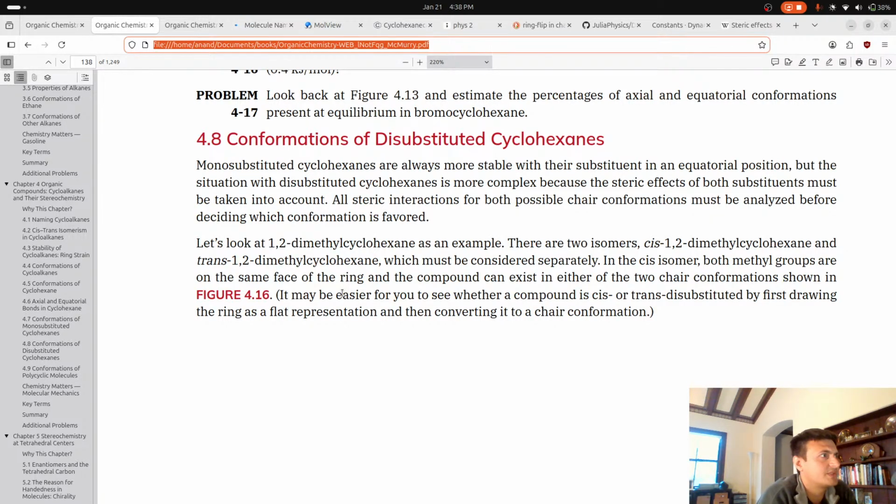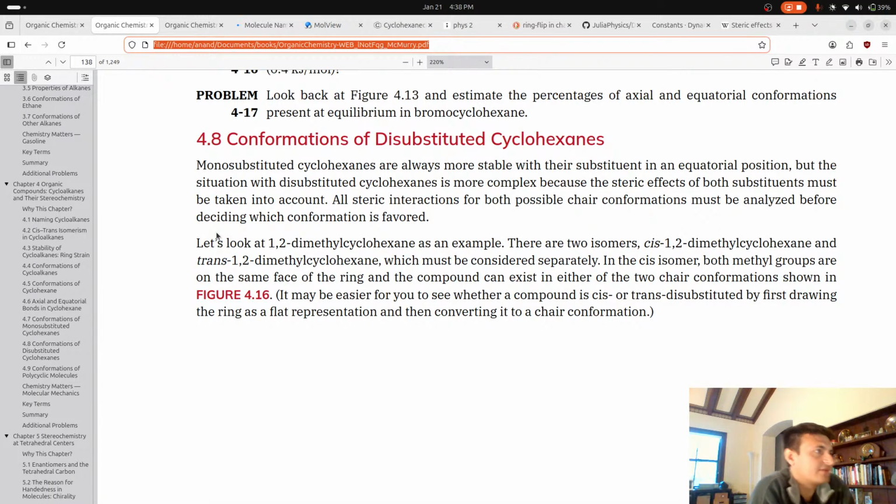But the situation with disubstituted cyclohexanes is more complex because the steric effects of both substituents must be taken into account. All steric interactions for both possible chair conformations must be analyzed before deciding which conformation is favored.